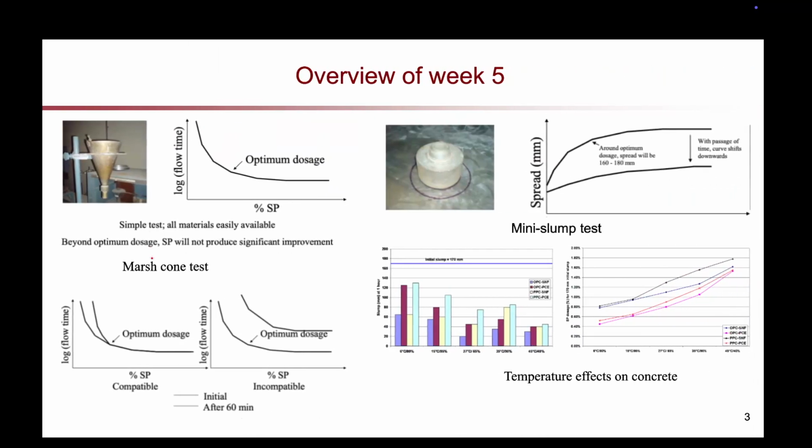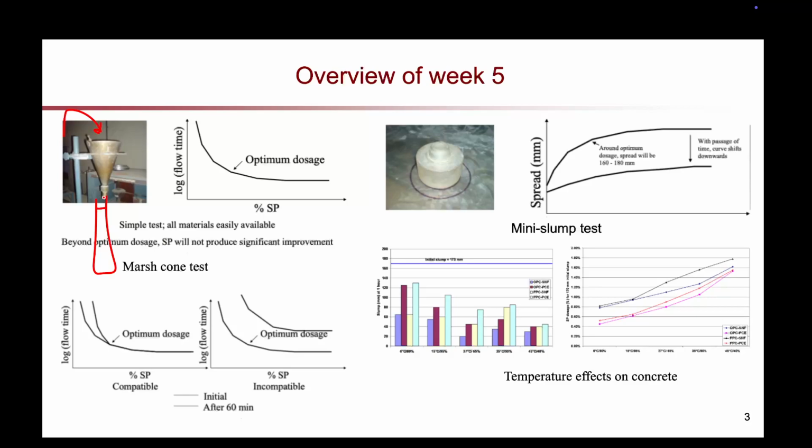To check the optimum dosage of superplasticizer, we use a test called the Marsh cone test. In this test we have a conical flask kind of thing, and then a horizontal flask below it. We prepare a cement paste of exactly this much quantity and pour it into the conical flask.